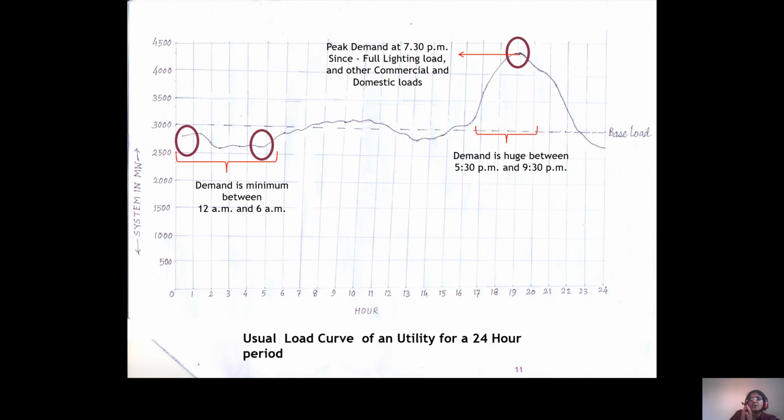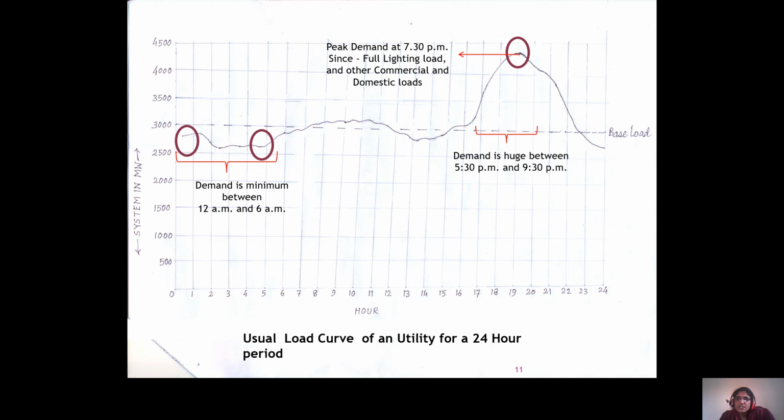The demand will be at its minimum point there, and some of the loads will be reducing, through midnight and the early morning up to 6 am.